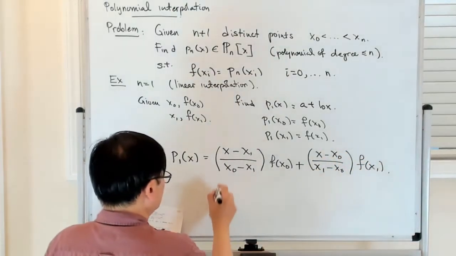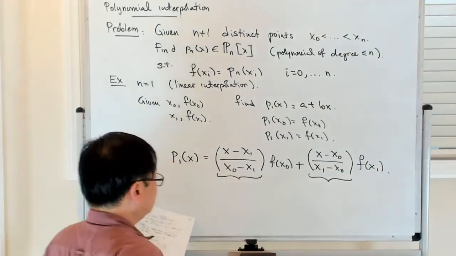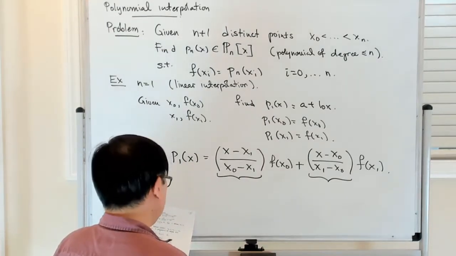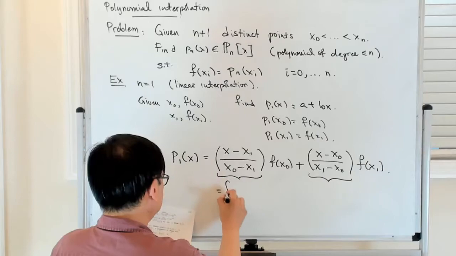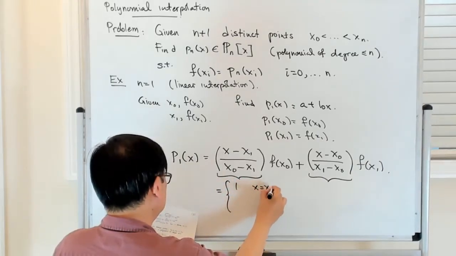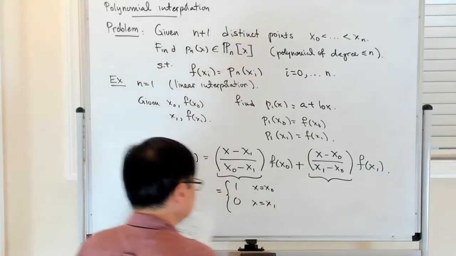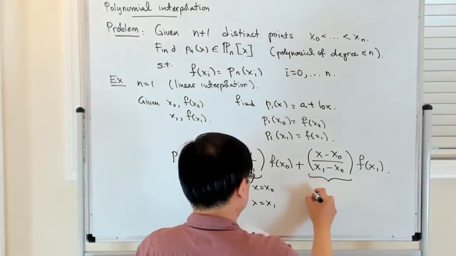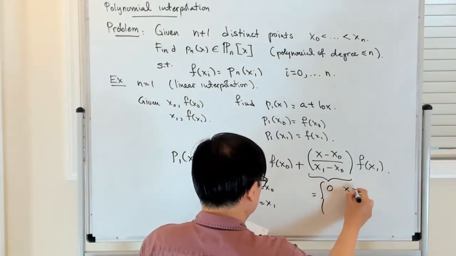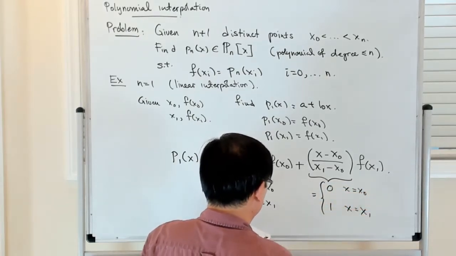You can check that these two are polynomials of degree 1, and they have the following property. This one is equal to 1 if x equals x0, and 0 if x equals x1. This other one is equal to 0 at x equals x0, and 1 at x equals x1.